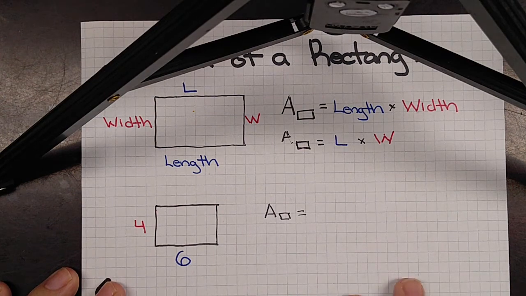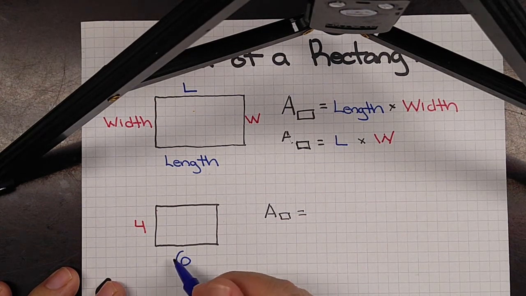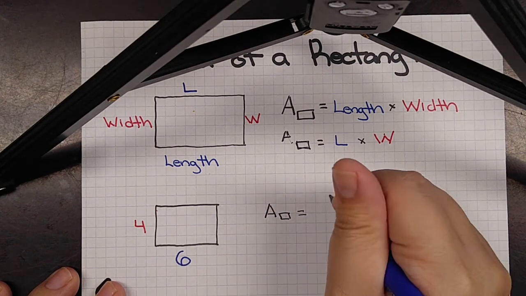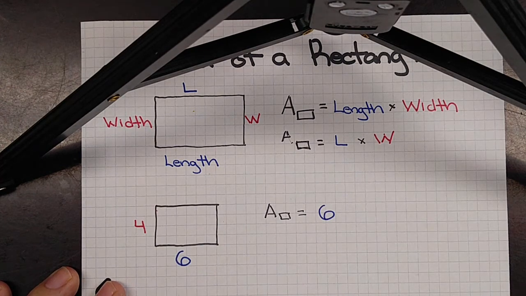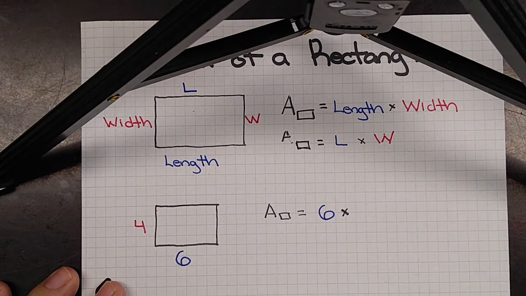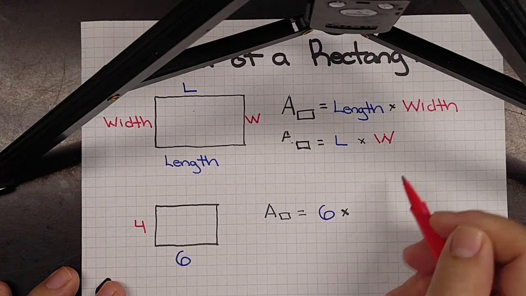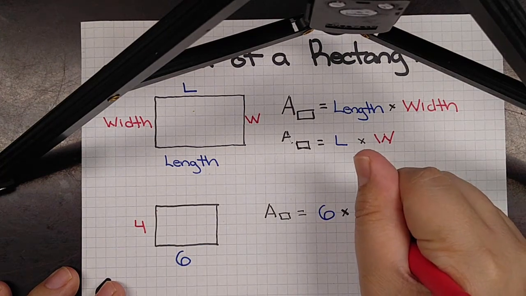My first one is going to be length, so I'm going to put the length here. I'm looking at the base, which could be the top, so this is going to be 6. I'm going to multiply. And then this is my width, which gives me a number of 4.